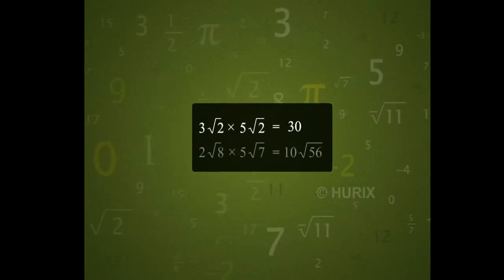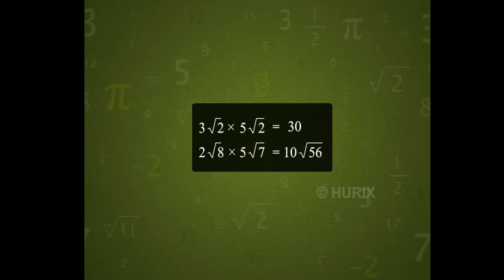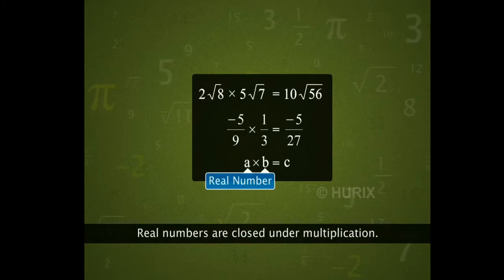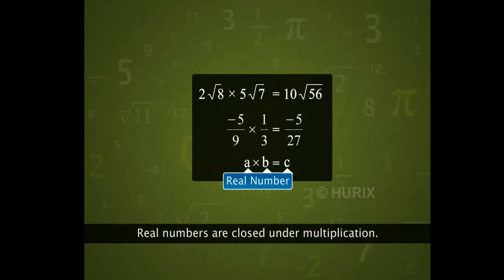Observe that the product in each case is a real number. Hence, if A and B are two real numbers, then the product of A and B is also a real number. Therefore, we can say that real numbers are closed under multiplication.